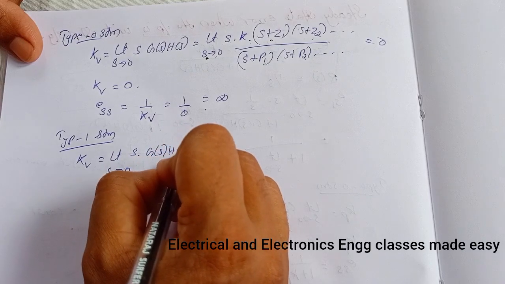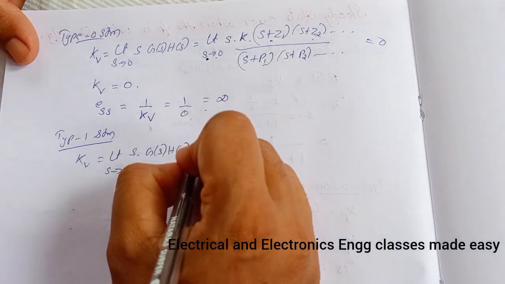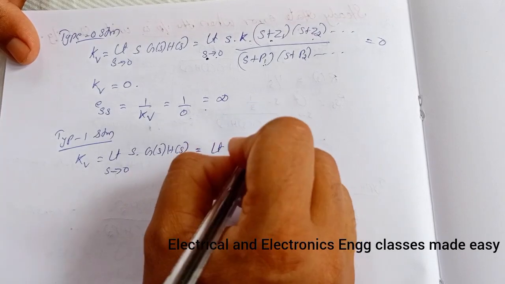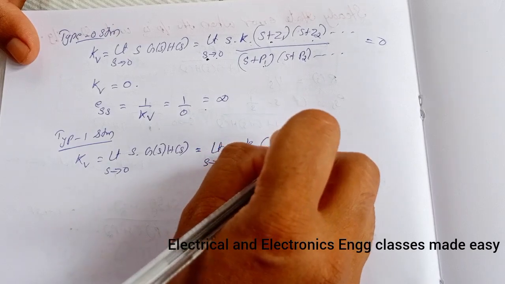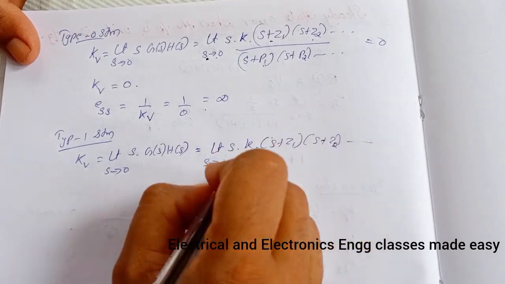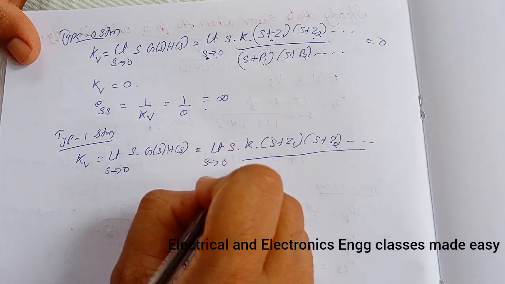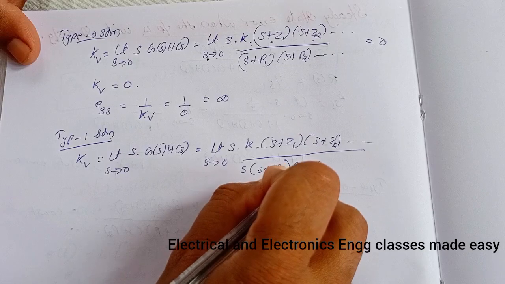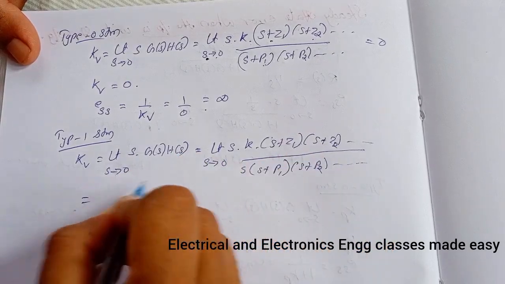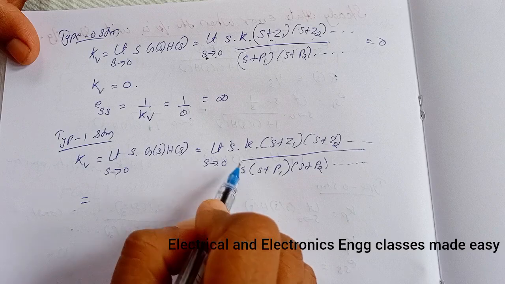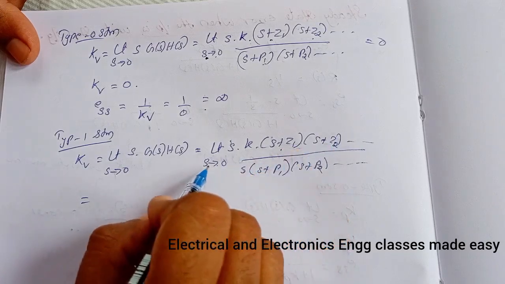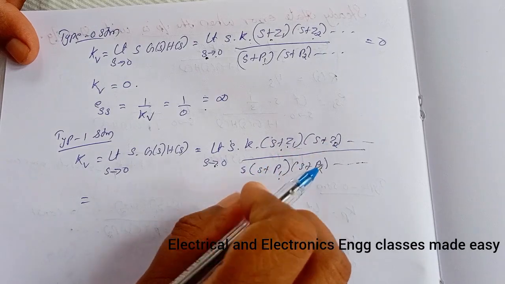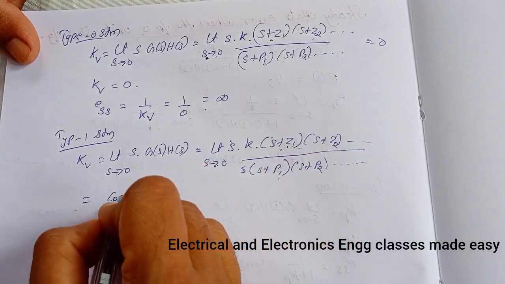Now for a type 1 system, Kv is equal to limit s tends to 0, s into K into s plus z1 into s plus z2 etc., divided by, for type 1, s into s plus p1 into s plus p2 etc. Applying this limit, we can cancel the s, and we get K into z1 into z2 etc. divided by p1 into p2 etc., so we get a constant value.